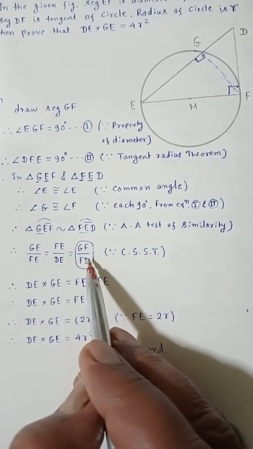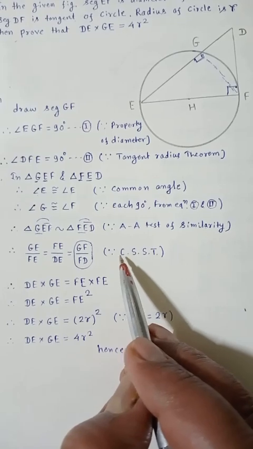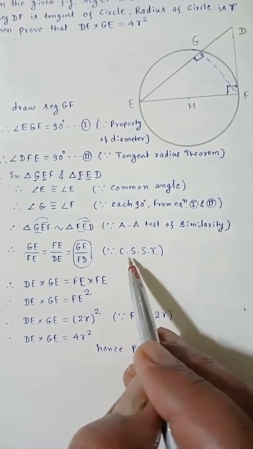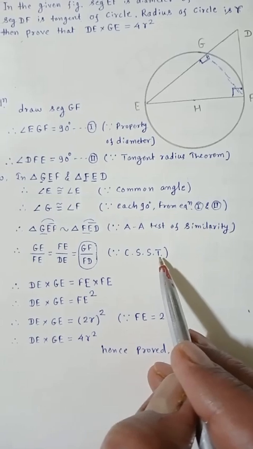Corresponding sides are in proportion. Reason is CSST, corresponding sides of similar triangles.